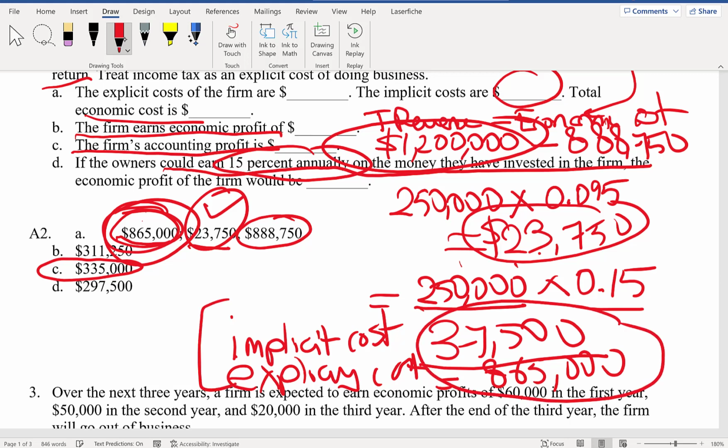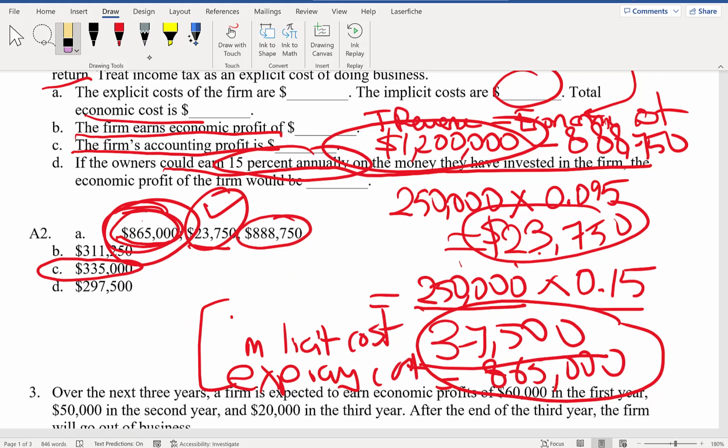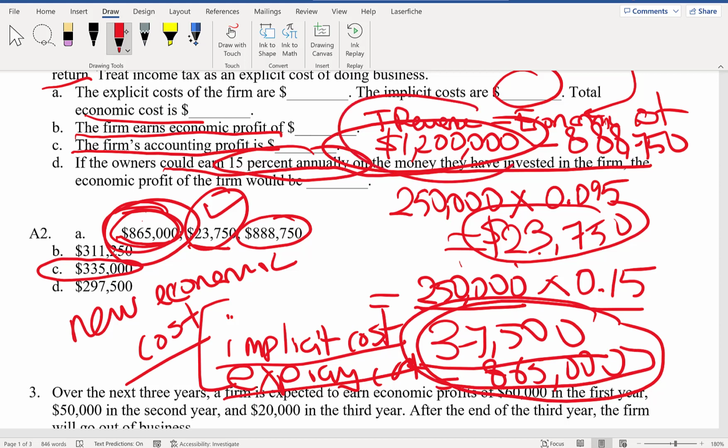So when you add implicit and explicit cost, you're going to find a new economic cost. Okay? So add these two up, and you're going to do total revenue again, 1.2 million minus this new economic cost. That's it.